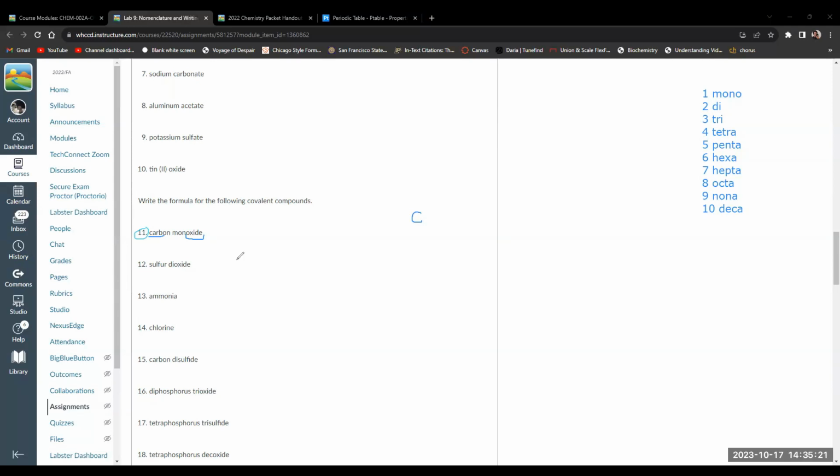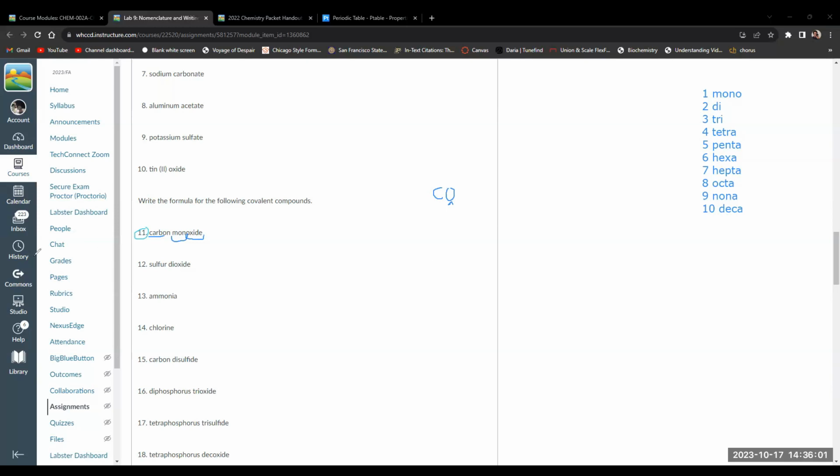That means something was dropped to be replaced with IDE, but we've done enough examples to know that this is oxygen by now. And mono means 1, but if we just leave the oxygen on its own, it's understood to be 1. So a very easy one.